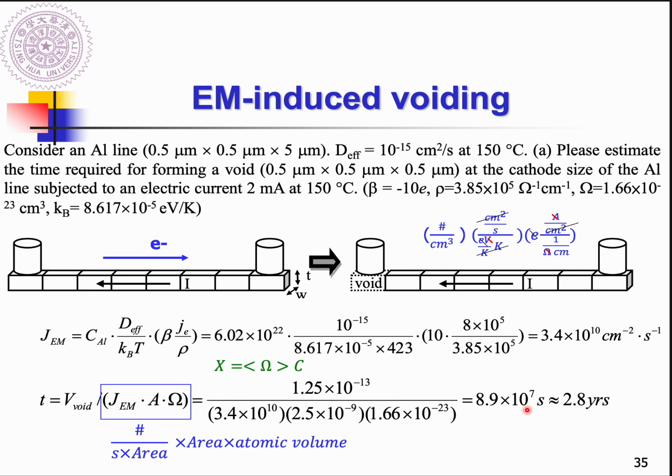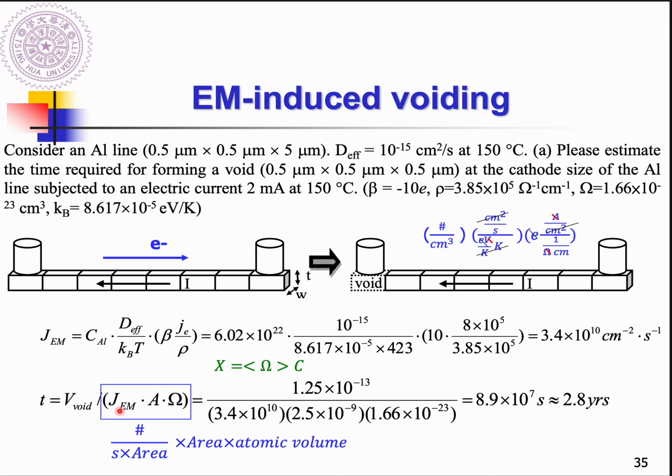Okay, so these are the examples, and some people will probably ask about the beta equals minus 10e here. The beta here actually means the effective charge of alumina, so it's negative, right? But here it should actually be the vacancy flux.